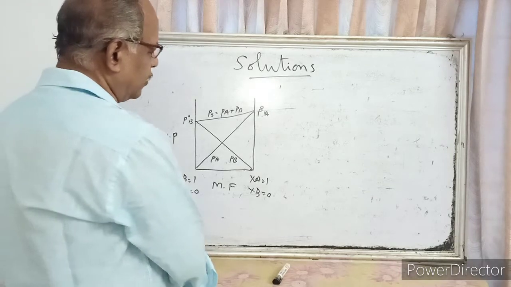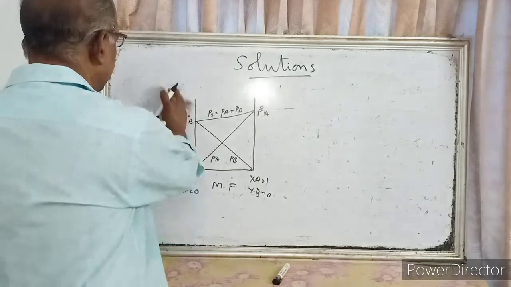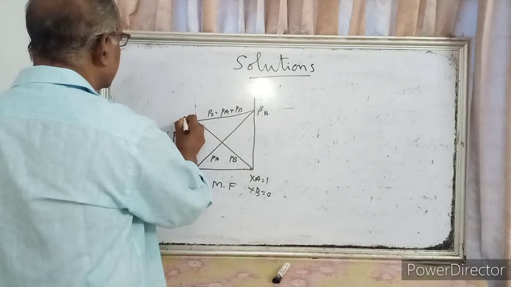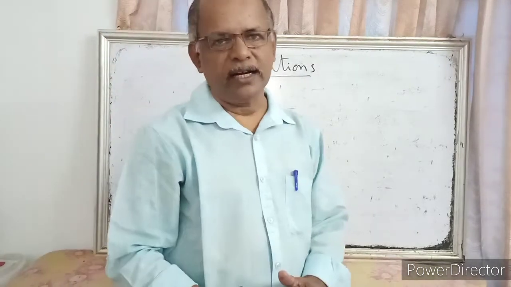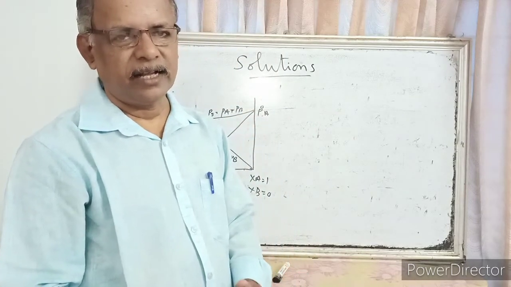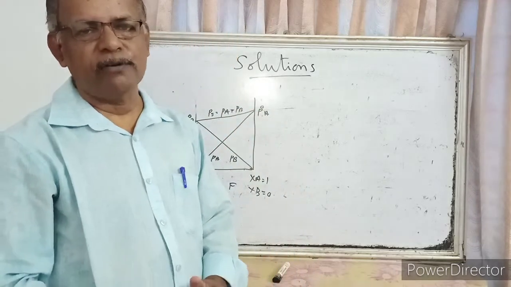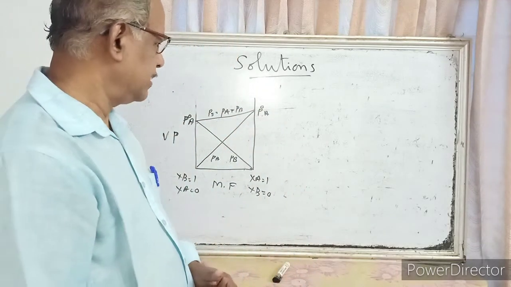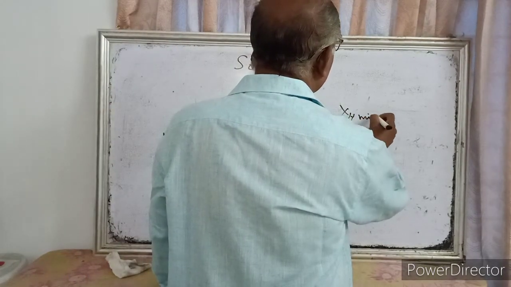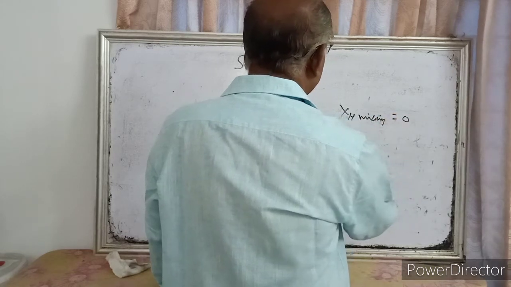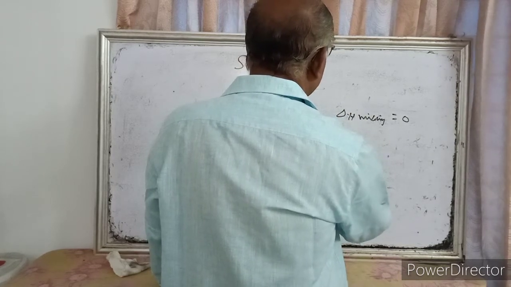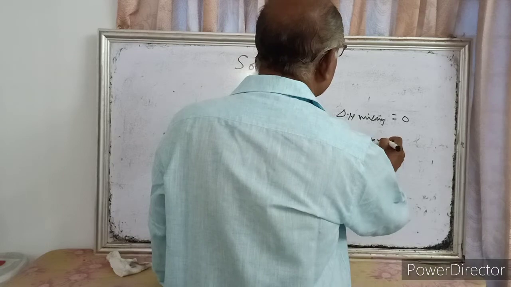Next we have to study what is an ideal solution and what is a non-ideal solution. An ideal solution is one which will obey Raoult's law throughout the entire concentration range, and delta H mixing and delta V mixing will be equal to 0.